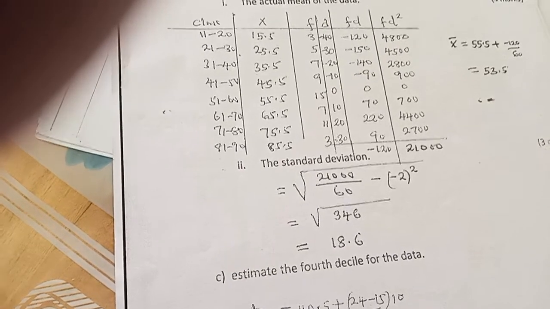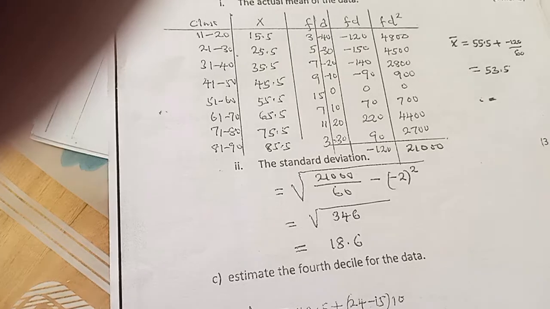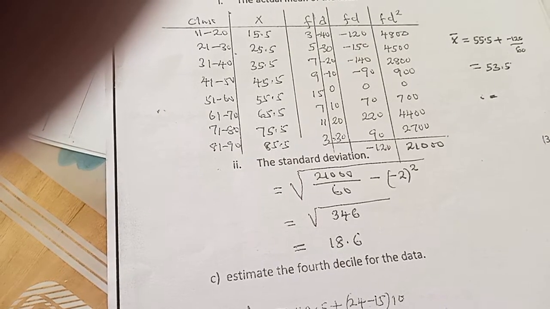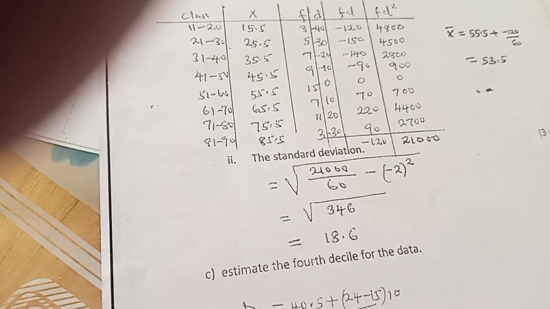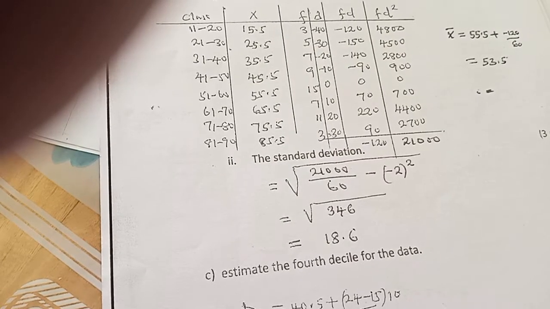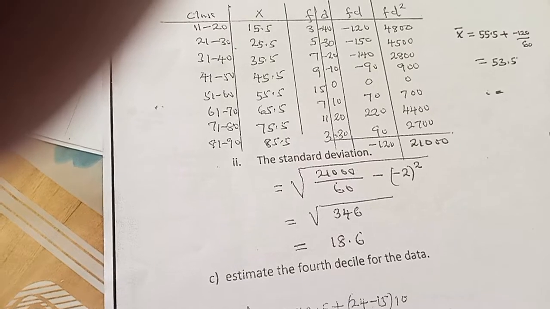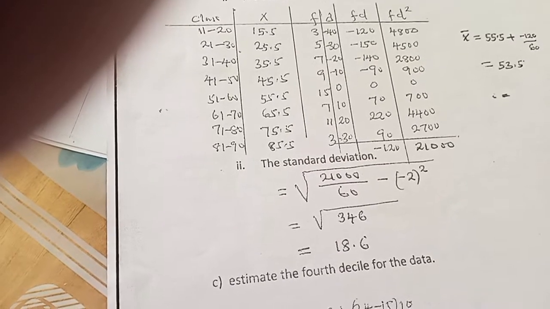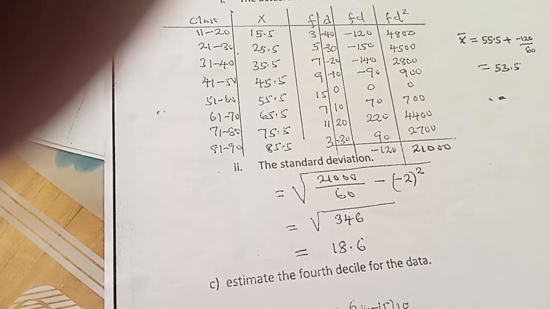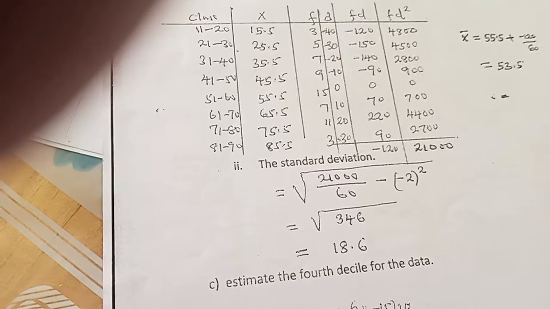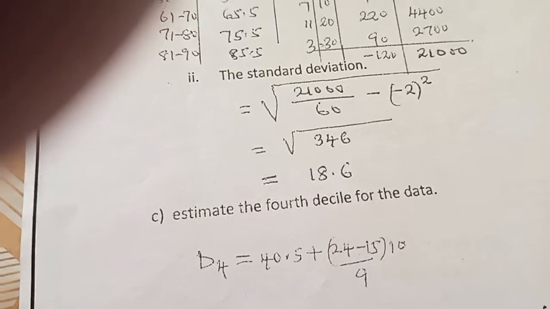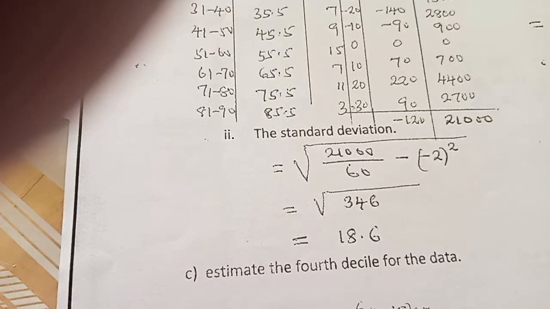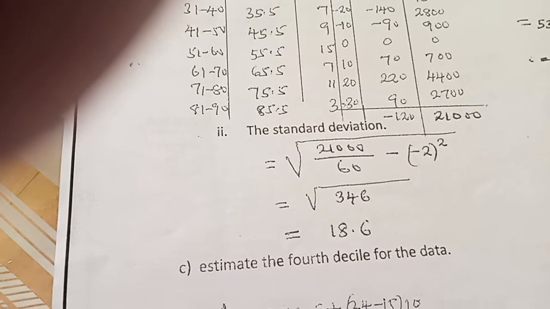So 24 is going to fall somewhere there. So you're going to take 40.5, which is the lower class boundary of that class.